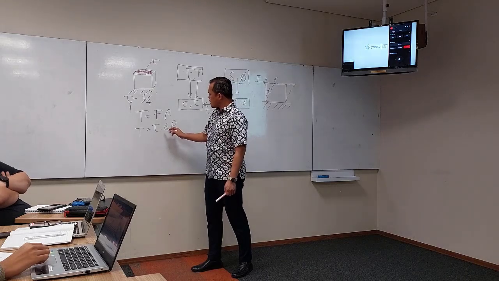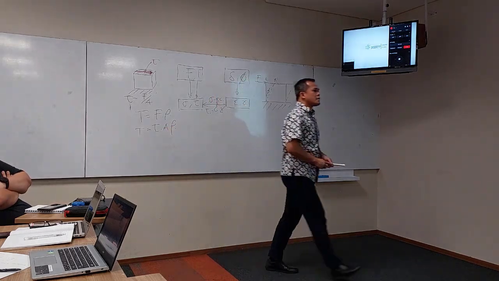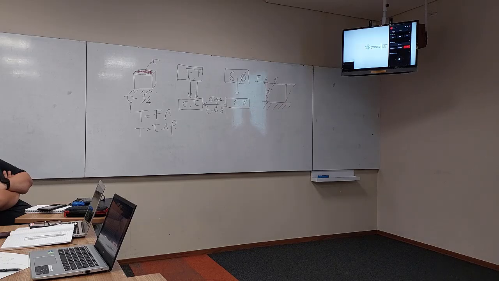And you would like to find this tau now. Get back to this equation: torque equal to tau multiplied by A multiplied by rho. But this A is the small element that I mentioned.